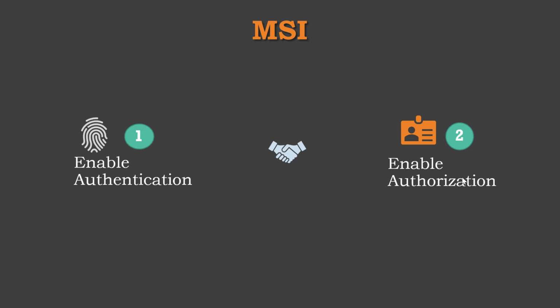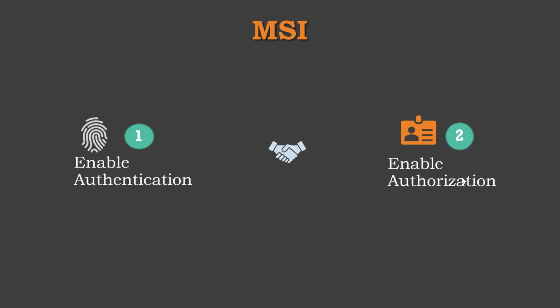Now, we say that MSI helps you enable secure communication with the Azure AD token, and the creation of the token between two different Azure service instances will be managed by Microsoft itself.